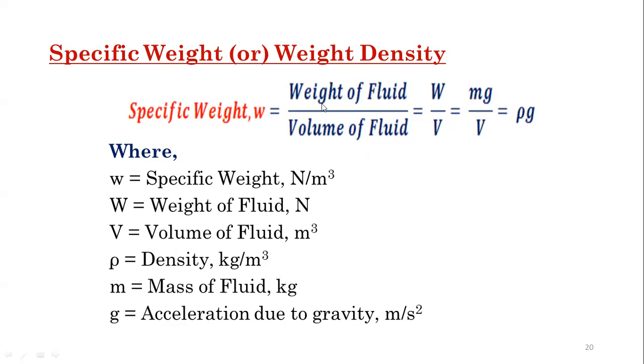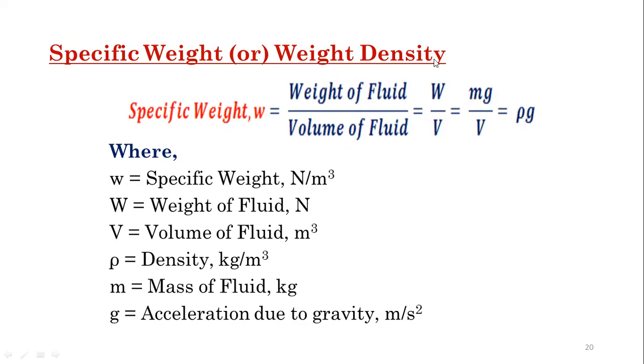The weight of the fluid is denoted by capital W, which will be in Newton. Weight will always be in Newton, mass will be in kgs, right? So w equals W by V, the weight of the fluid by the volume of the fluid. The unit for weight is Newton, so directly we can find the unit for specific weight, that is Newton per meter cube.